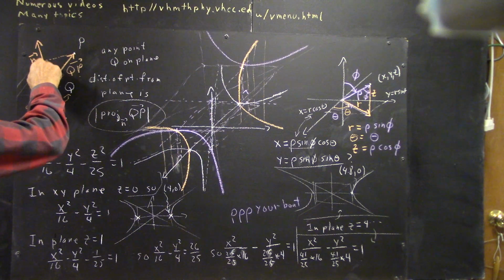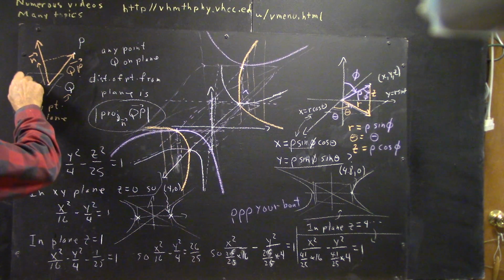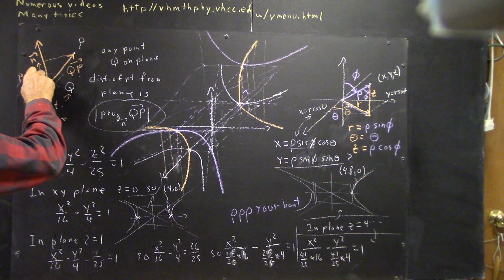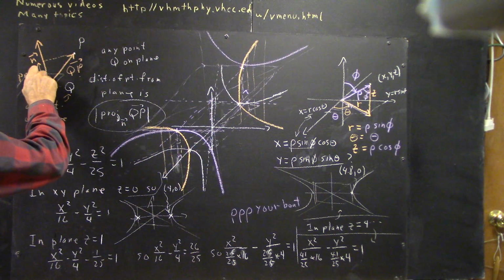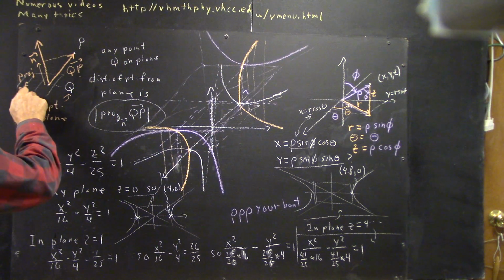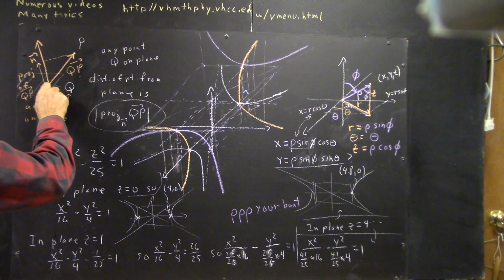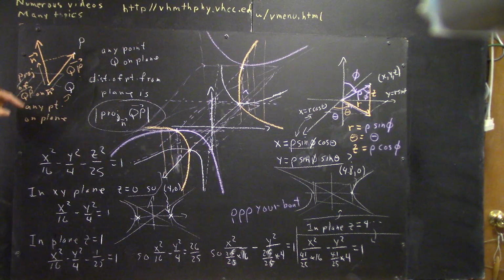So now we have the scalar projection. I don't even have room, so I'll write it out. The projection of the vector QP on the normal vector.